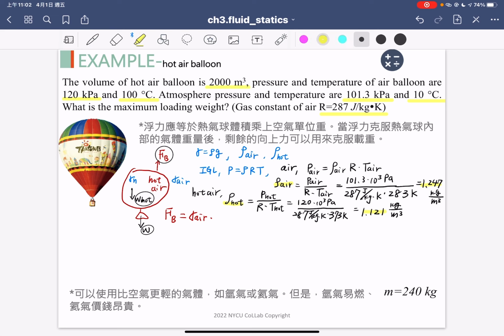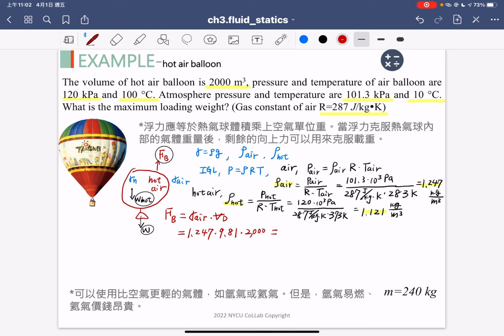So I put the numbers in: 1.247, the air density, multiplied by g, 9.81, and the displaced volume is 2,000 cubic meters.